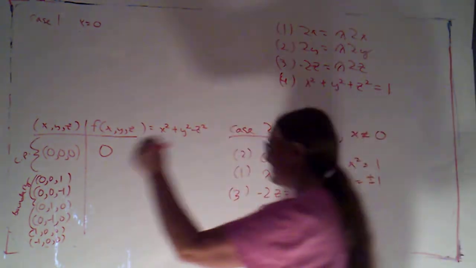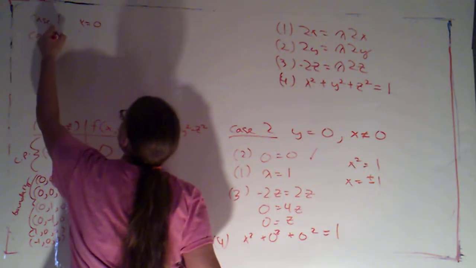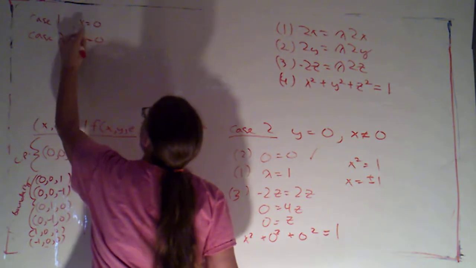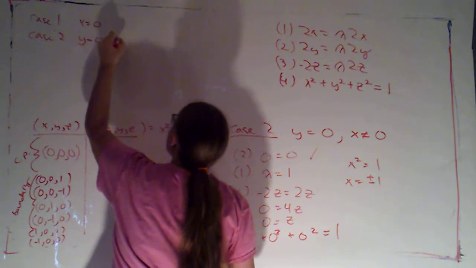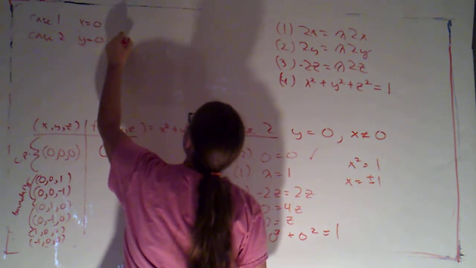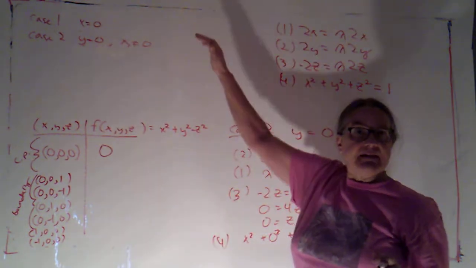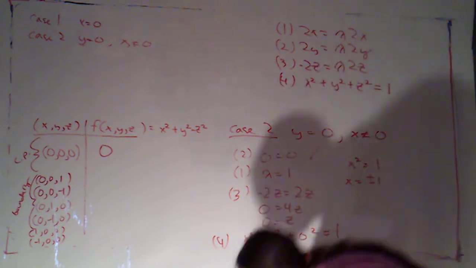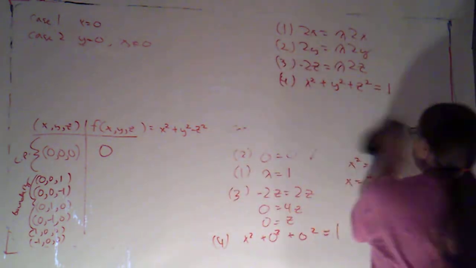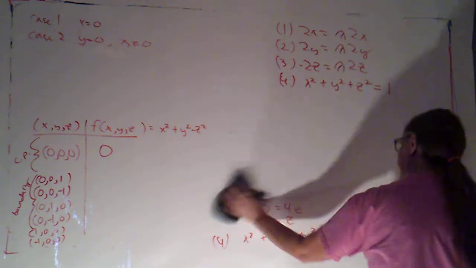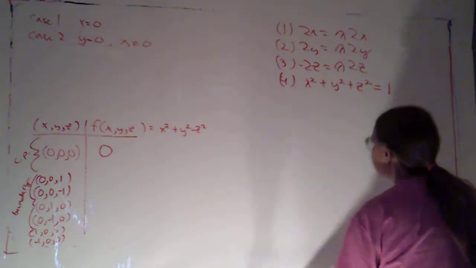Excellent. Okay, so I'm just going to record case 2 was y equals 0. And we used the fact that x was not 0 as well, just because otherwise we'd be redundant with case 1. Okay. All right. So now let's take a look at case 3.